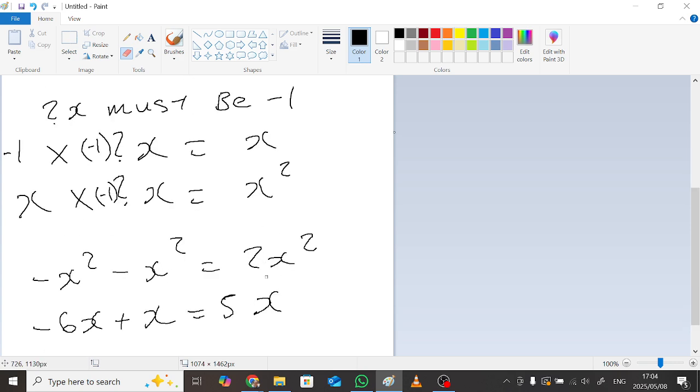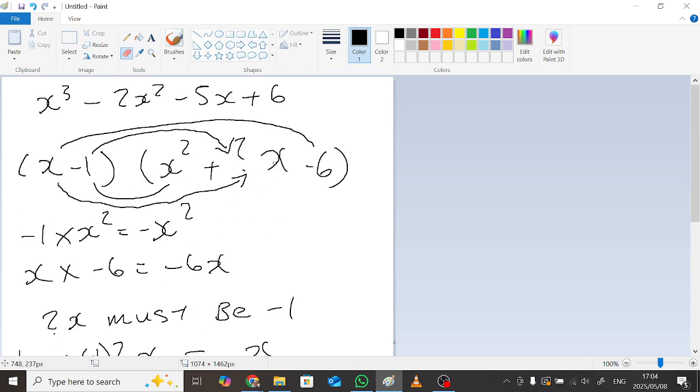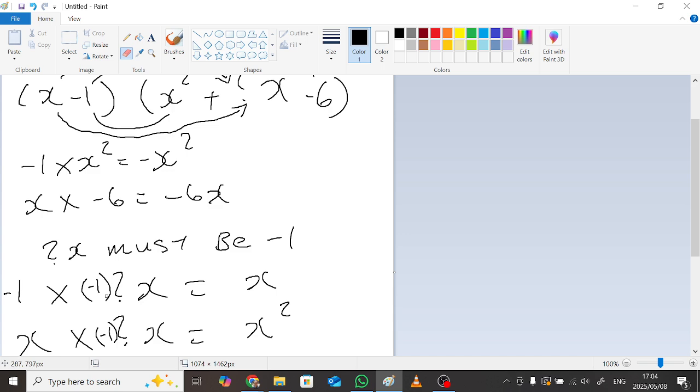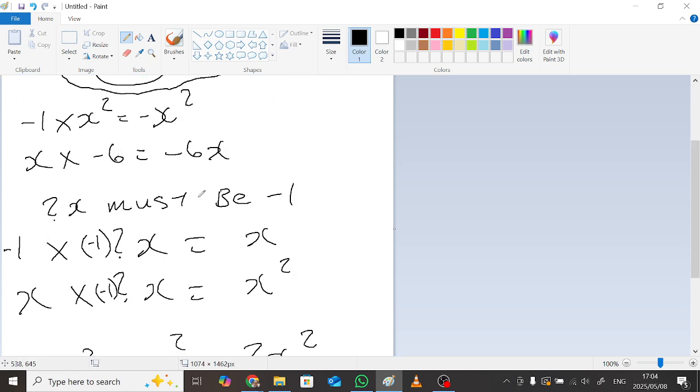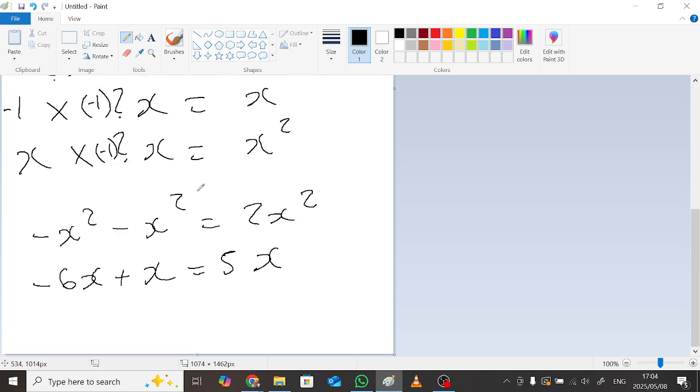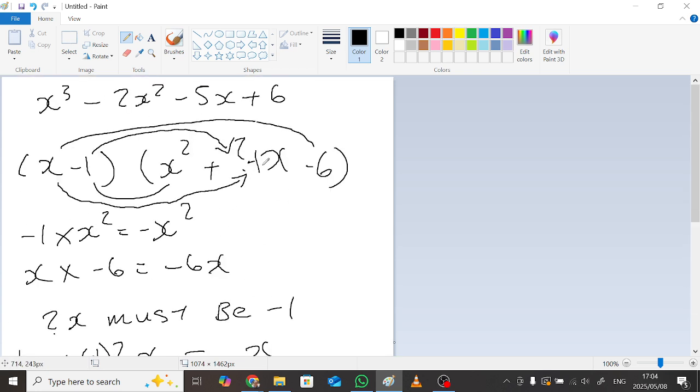So now we can see that the middle term must be -1x over there. Multiplying both of these together will give us these values at the top. Okay, so that's how we got all of this, so now all we need to do is just factorize this term.